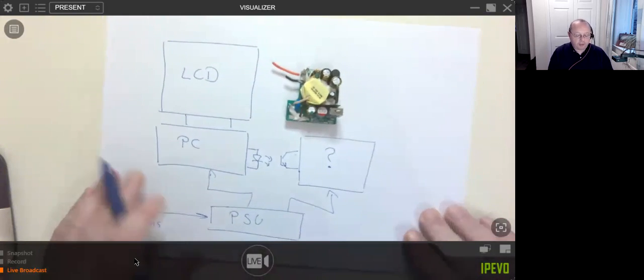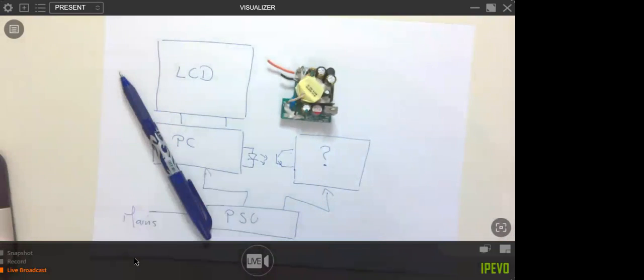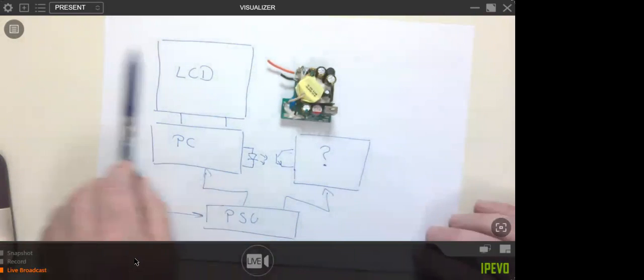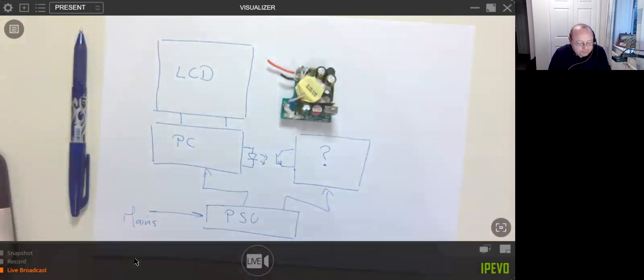And usually I find the solution, Stephen, to your power supply woe, is it that you build your own power supply, or are you just going to find somebody else's that's better? Yeah. Well, this comes down to one of my other favorite subjects, whether it's medical or anything else, which is pre-compliance.